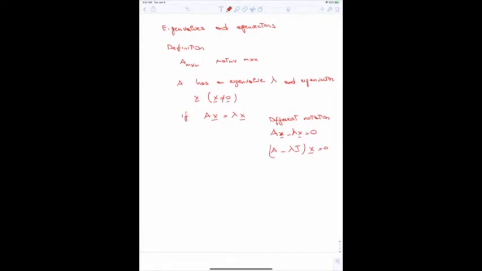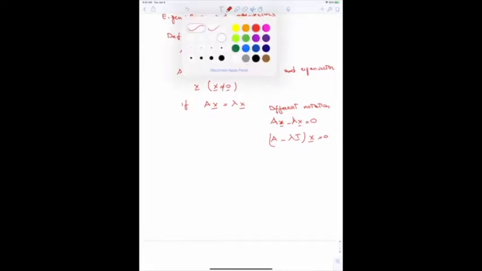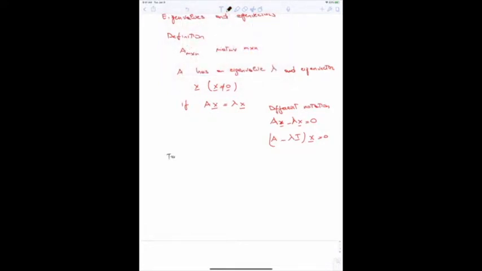So to find eigenvalues and eigenvectors, we solve what we call the characteristic equation.